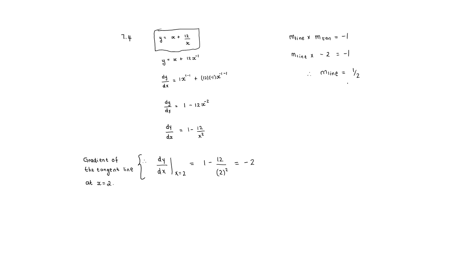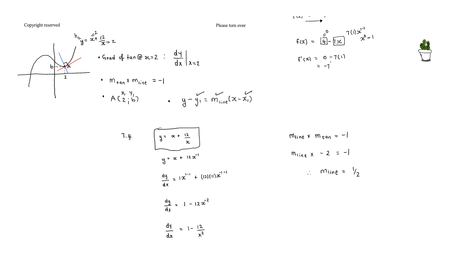Once we have that, we need the corresponding y value. We now need to evaluate our point A, because that's the point of contact between these three objects: the curve, the tangent, and the perpendicular line. Just note this line is also sometimes called the normal. That's just an aside.